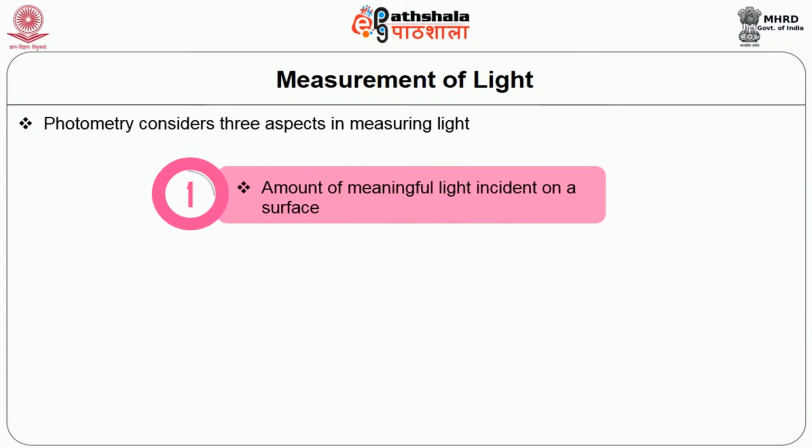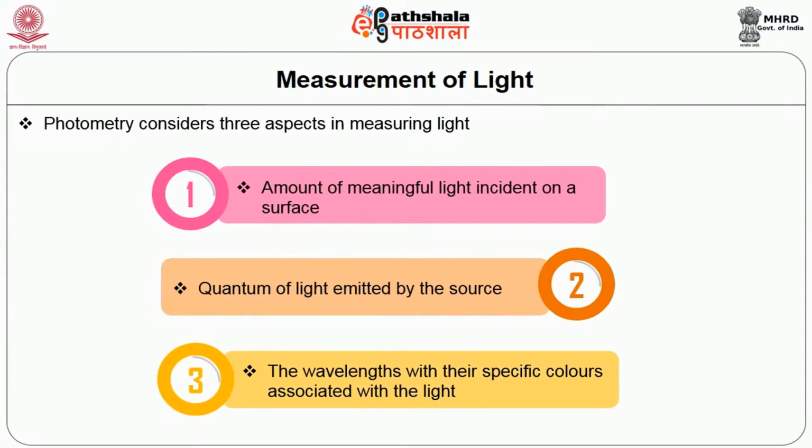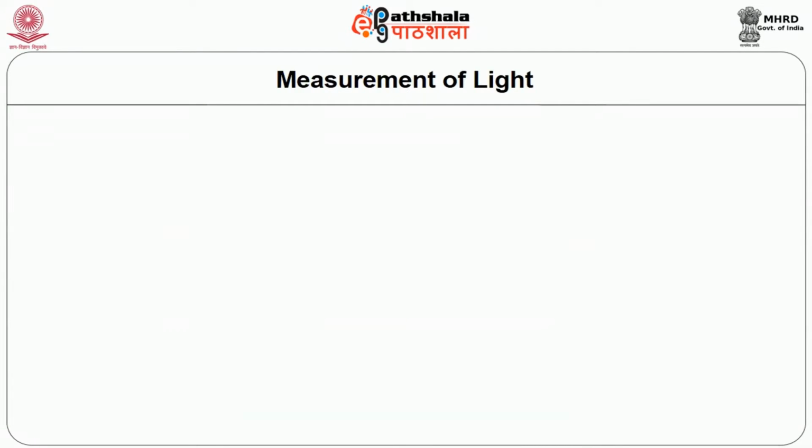1. The amount of meaningful light incident on a surface. 2. Quantum of light emitted by the source. And 3. The wavelengths with their specific colors associated with the light. Here lies the significance of luminosity function. You may wonder how and why. The answer is obvious.